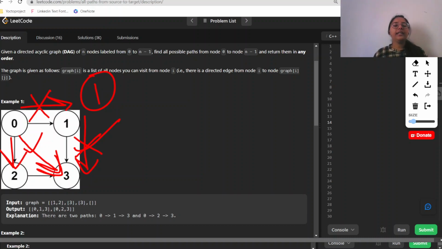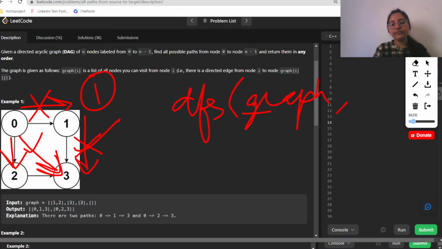So now comes the part of how we will be storing paths. We will be directly doing DFS, and in the DFS function we will be passing our graph which is being given to us, then our result vector which we will be taking, then one path vector which we will be taking, and then one source.